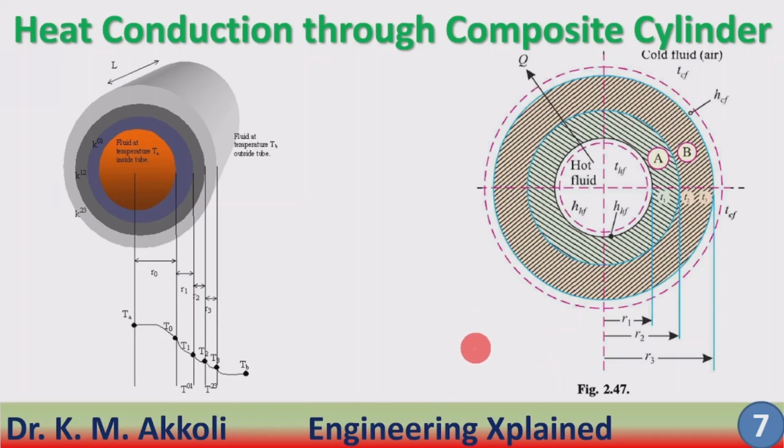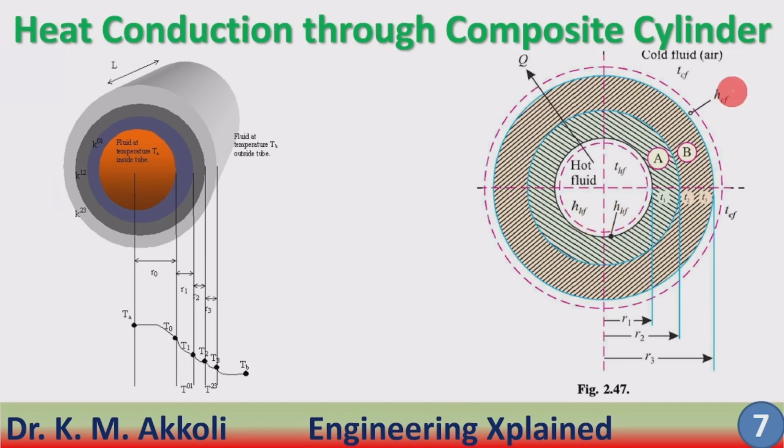In this session, I am going to discuss the heat conduction through composite cylinder. If a number of layers of cylinders are used, then how is the heat transfer equation developed and used for those composite cylinders? Here we have considered two layers of cylinders, and there is an inside fluid which has the temperature THF and heat transfer coefficient HHF.